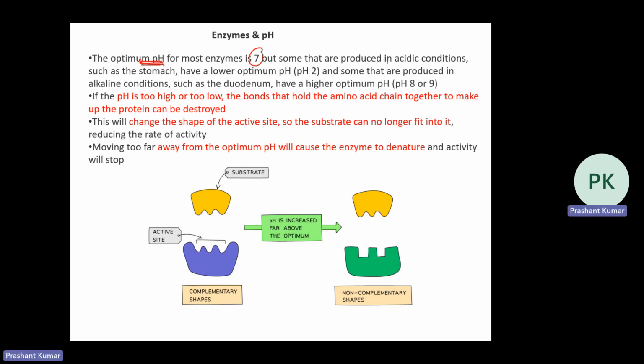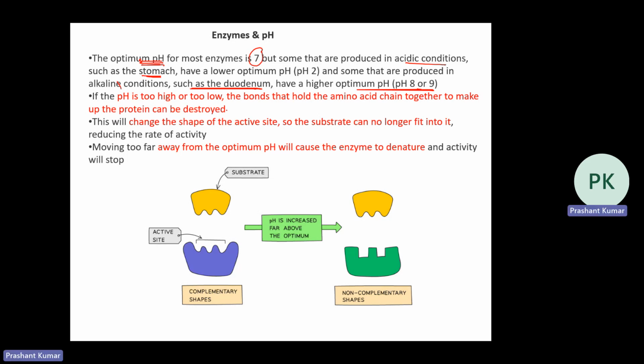But some are produced in acidic conditions, some at the optimum pH, some at a high pH. In the stomach, we have acidic conditions and an enzyme called pepsin, which works at low pH. Some work in the duodenum, which has a higher pH, like 8 or 9, slightly basic.